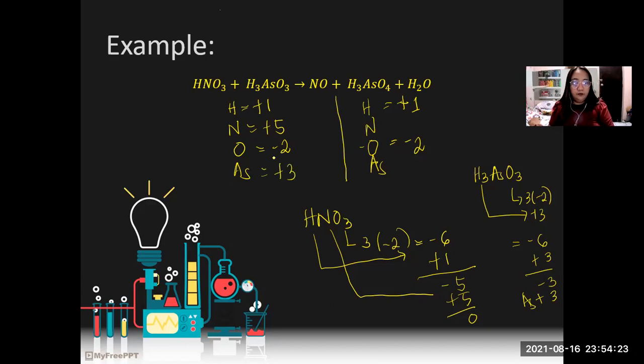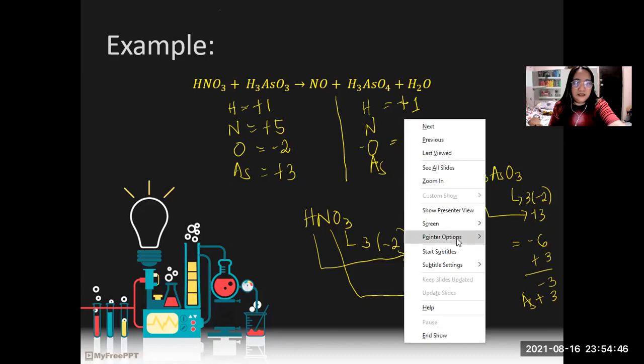Okay. So again, how did I do that? And what was the concept behind it? You don't see anything like a charge on top of the compounds, meaning at this point, the compounds are actually neutral. So the sum of the oxidation numbers per compound should be equal to 0. Okay, let's just erase this.